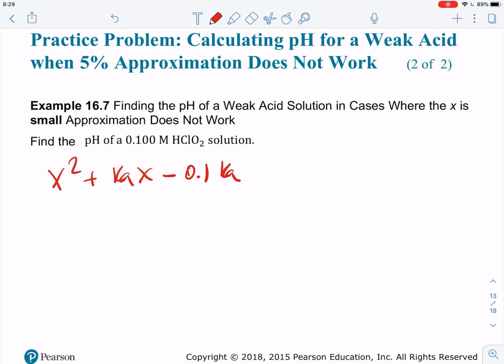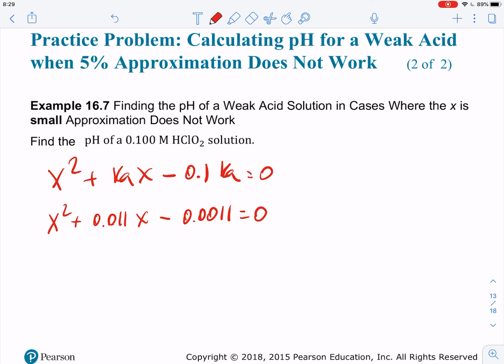So if you solve for X, let's complete this, right? X squared plus 0.011 X minus 0.1 times 0.011, which is 0.0011, is equal to 0.